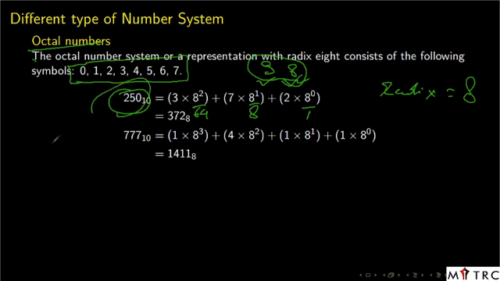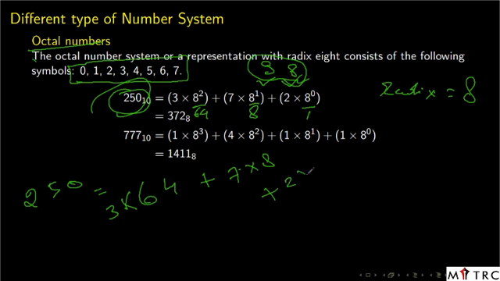How can we represent 250 in the decimal number? 250 can be written as the sum of 64 into 3, plus 7 into 8, plus 2 into 1.